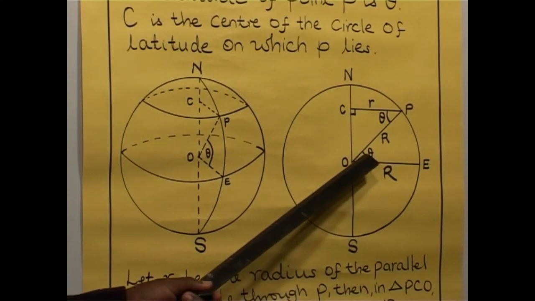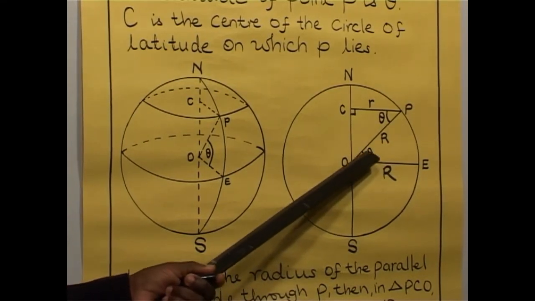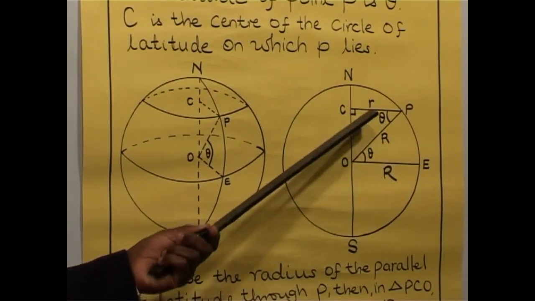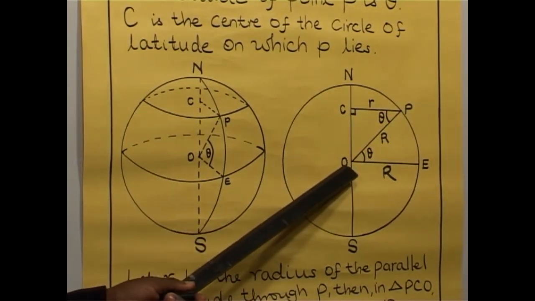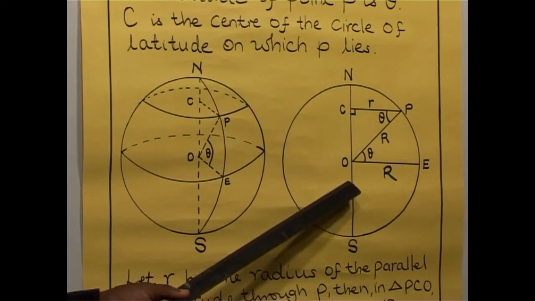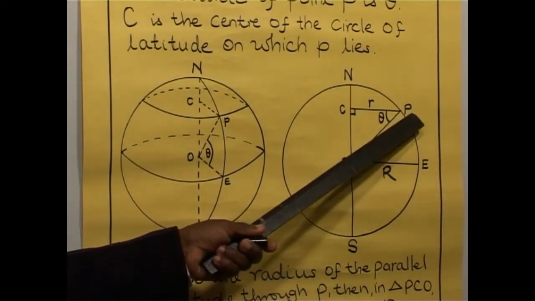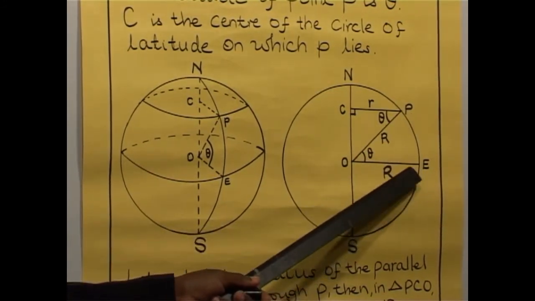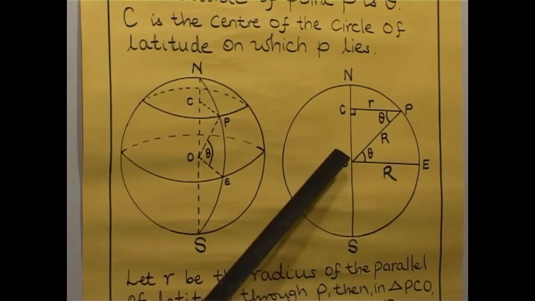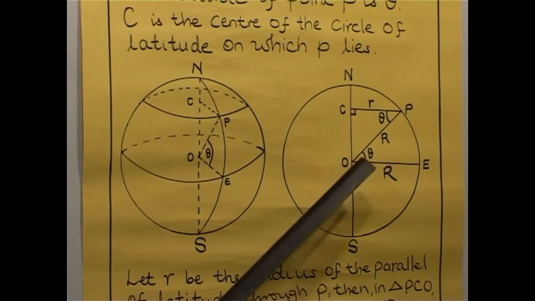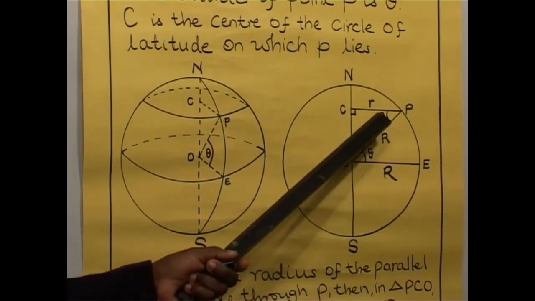So we have theta here as well as the same angle theta, meaning angle CPO is equal to angle POE, which are alternate angles. So we can extract from here that this angle is equal to that angle.